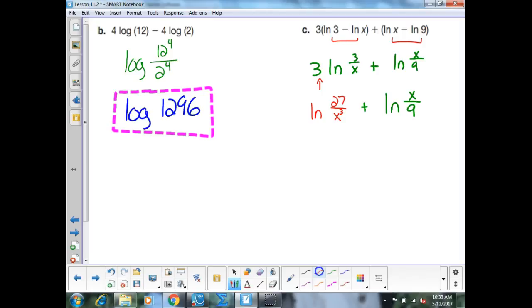Then because I'm adding, that makes it a product. Okay? So the natural log here then of 27 over x cubed times x over 9 becomes the natural log of 3 over x squared.